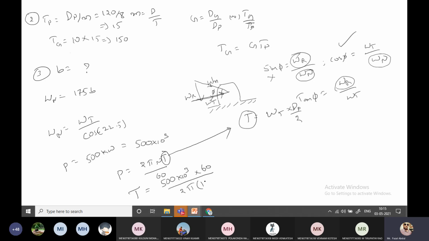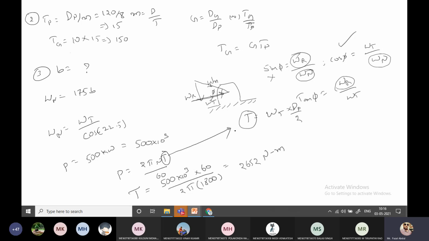Speed is given as 1800 rpm in the question itself. Now tell me the torque, in terms of Newton meter. How much torque? 2652. Very good.